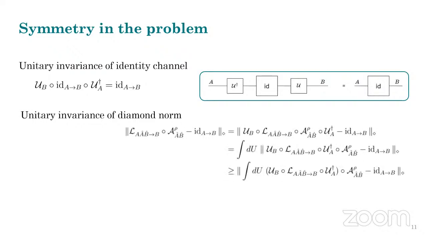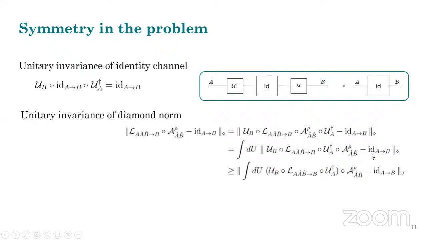That means if we apply some unitary channel to both the channels that we're comparing, the diamond norm doesn't change. So we apply the sandwiching action to both the channels, the identity remains the same. And what we know is this symmetrized channel, or this new channel, performs equally well as the original channel.